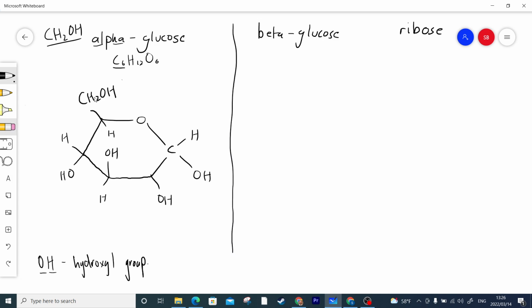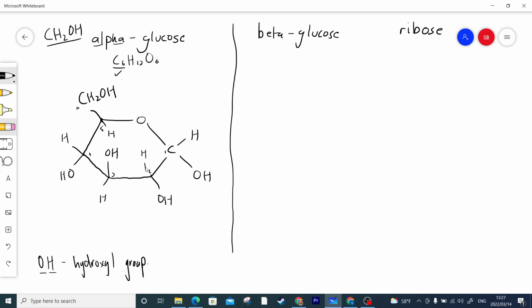Now let's just go and count up all the carbons. 1, 2, 3, 4, 5, being this point over here, and 6. So I've got C6. Let's see if we've got the H12. I've got 1, 2, 3, 4, 5, 6, 7, 8, 9, 10. I'm missing one here. 11.